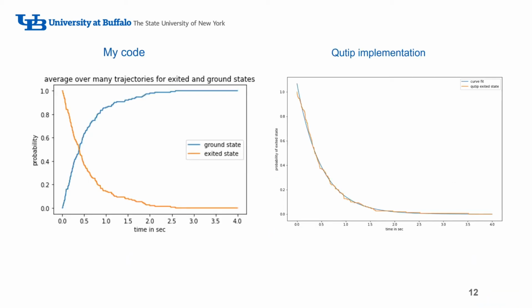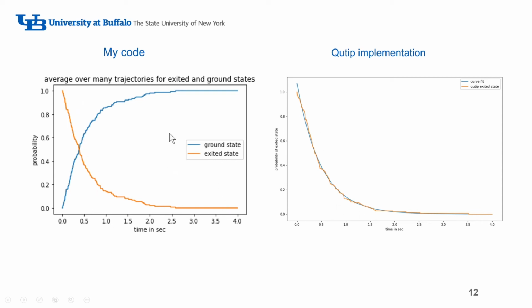If you look at these two plots that I have gotten from the code, what you are seeing here is, again, the same model where the Transmon was initially in the excited state, and since it has been coupled with the environment, what happens to it over a period of time. I implemented it using the code I have written and also using the QuTiP module, and both give very much the same answer.